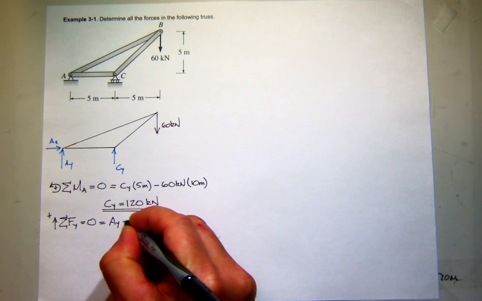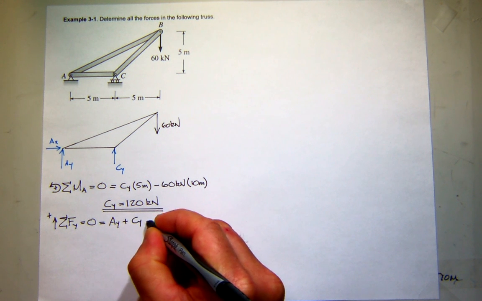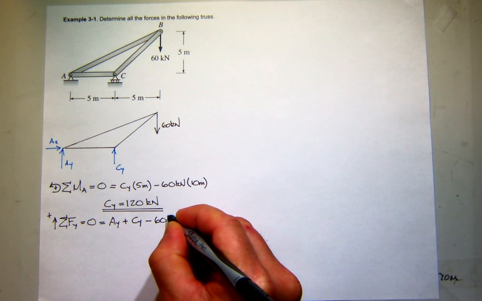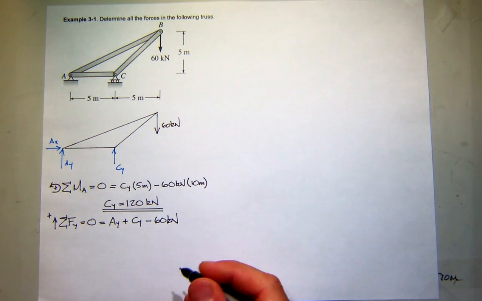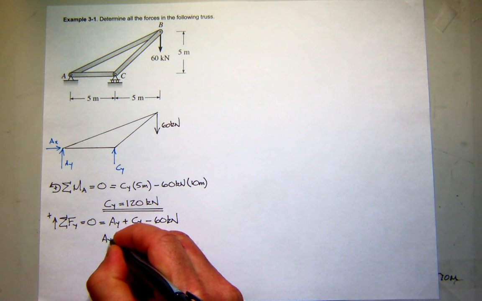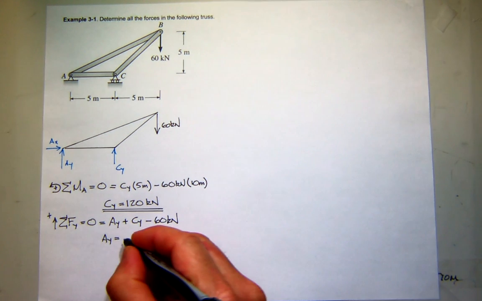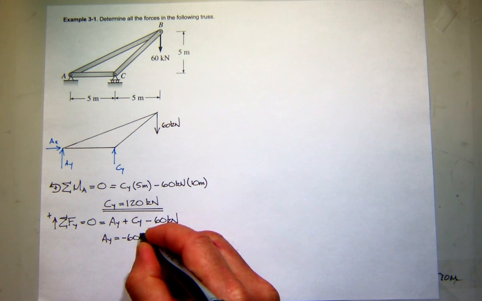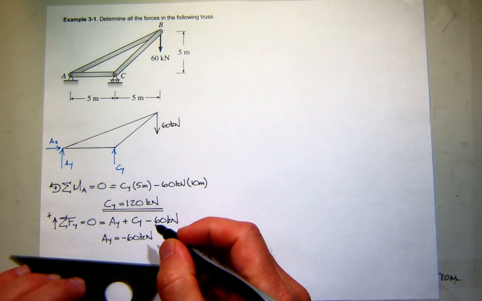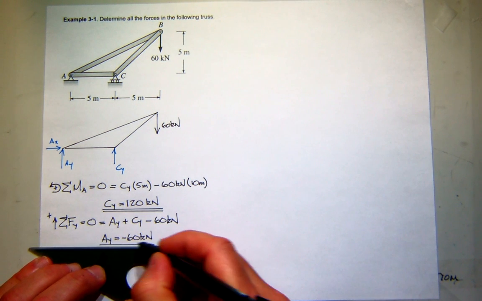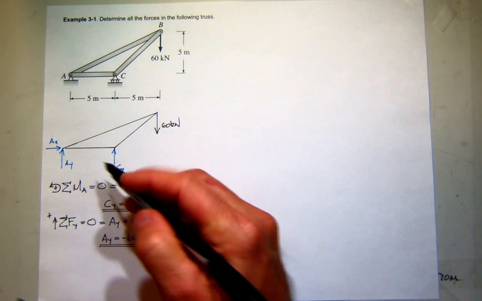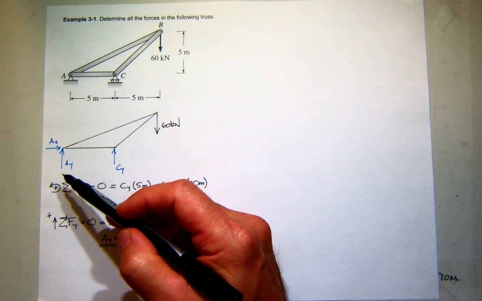So positive AY, positive CY, and then negative 60. So when I solve for AY, what do I get? Negative 60. What does that mean? It means the force at A is actually down. Does that make physical sense?